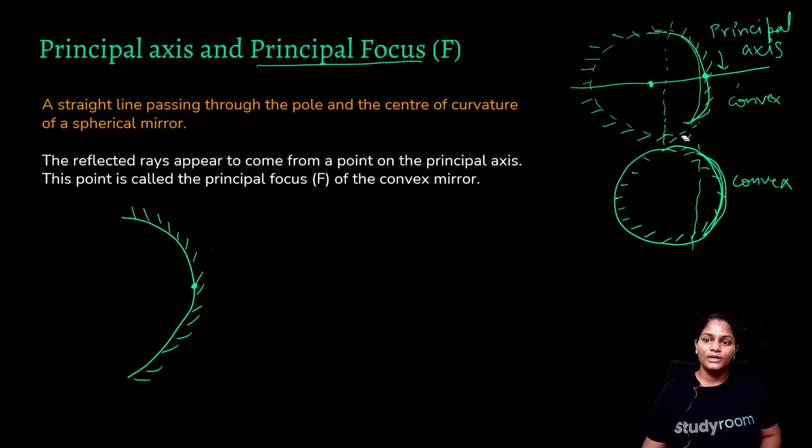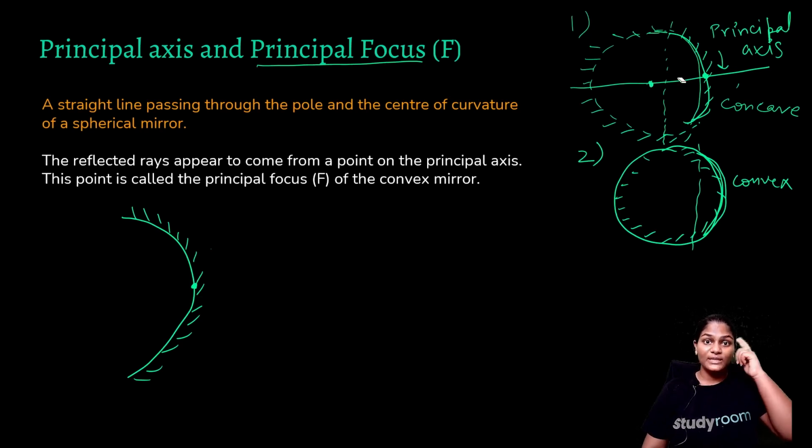So which sphere, the first sphere or the second sphere, is this mirror a part of? I've already written concave and convex. I'm so sorry, I wrote convex in both places.